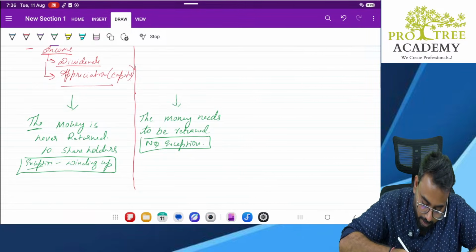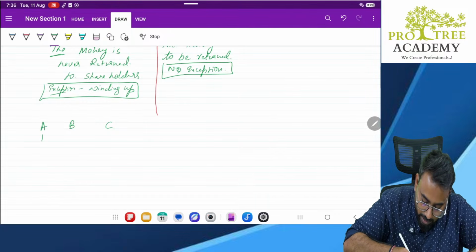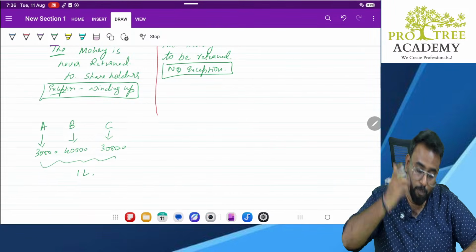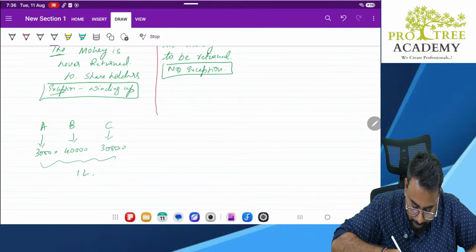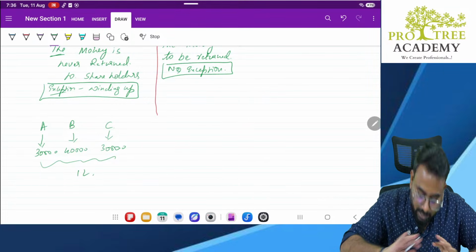So, for example, Mr. A, B, and C invested 30,000, 40,000, and 30,000. Put together, they all invested 1 lakh. The moment they invest 1 lakh in ABC Limited, done and dusted.